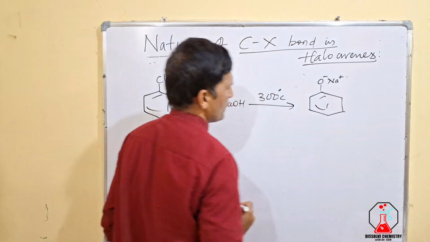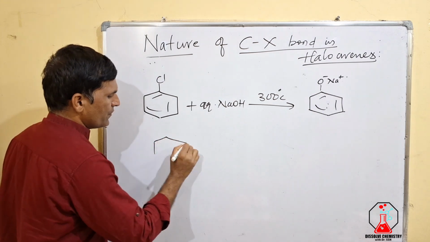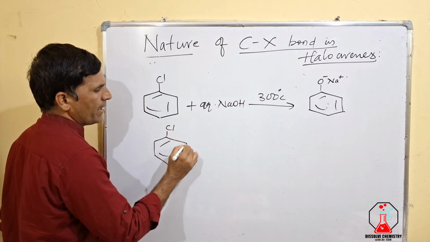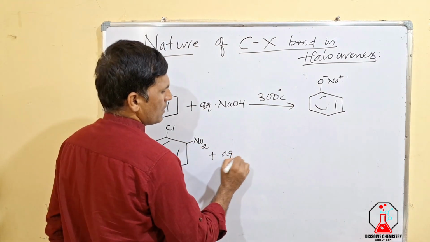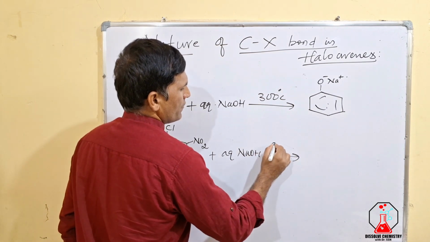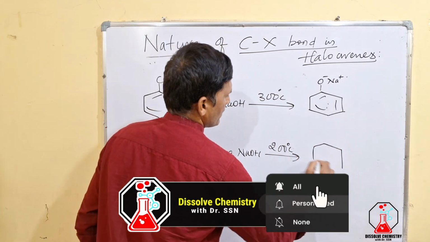Like this we are going to get the product. Now the same reaction, if you carry out in the presence of an electron withdrawing group at the ortho position, with aqueous NaOH, if you heat around 200 degrees Celsius, we can readily bring the change.